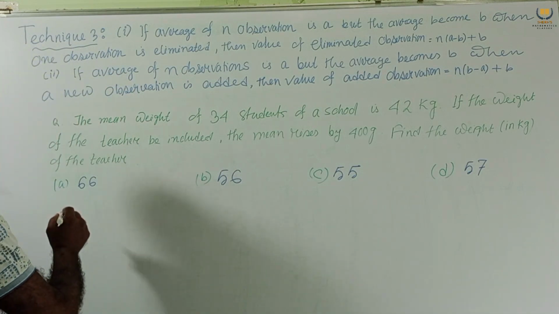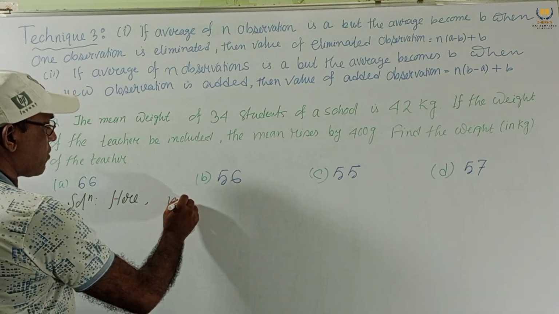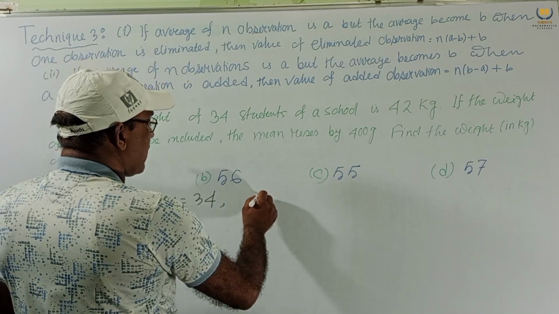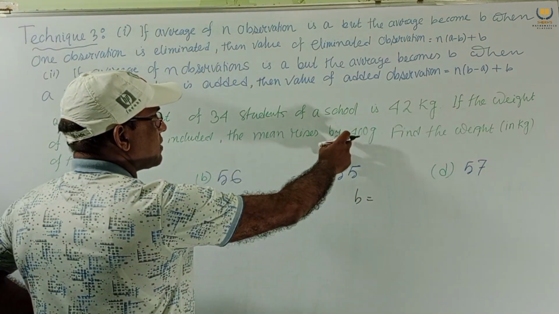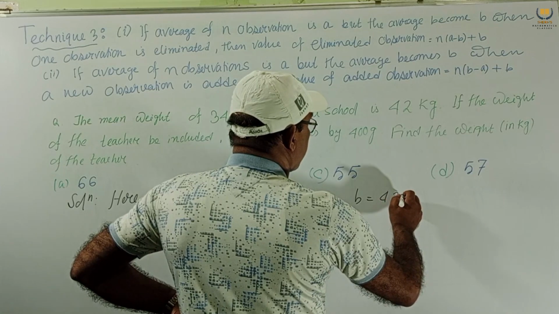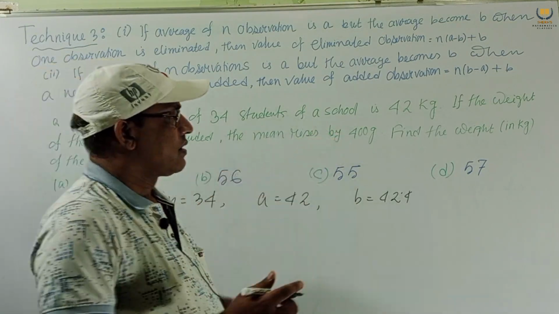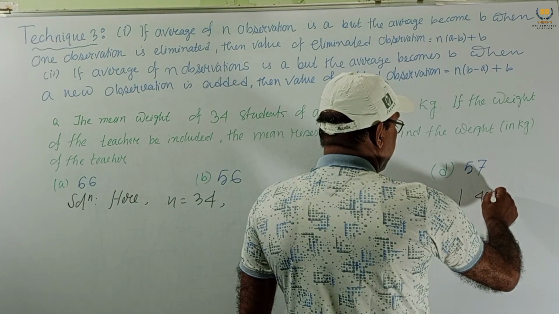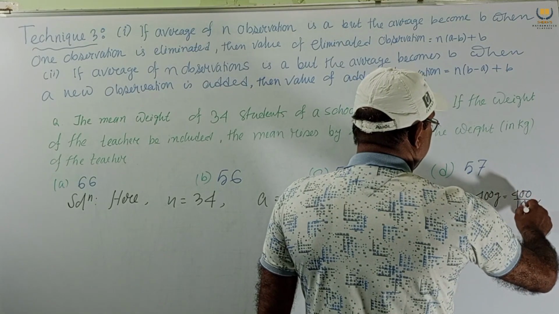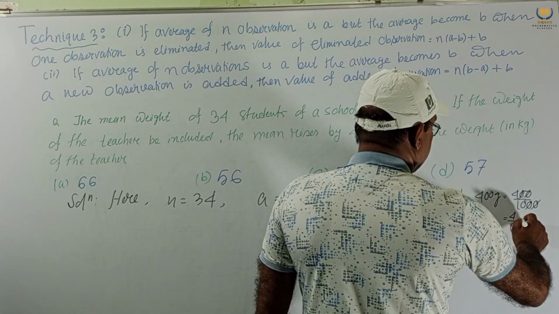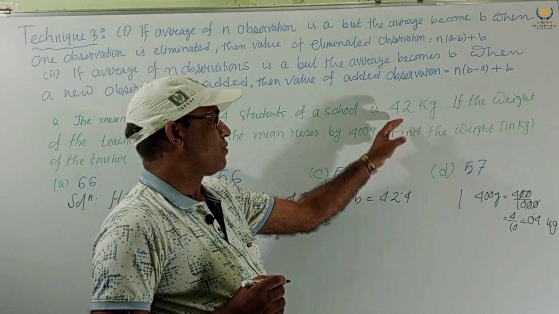Here n equals 34, a equals 42, and b equals 42 plus 0.4, which is 42.4 kg, because 400 gram converted to kg is 400 by 1000, which is 4 by 10, 0.4 kg.